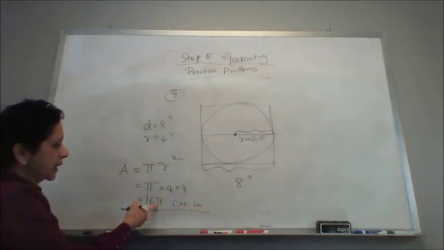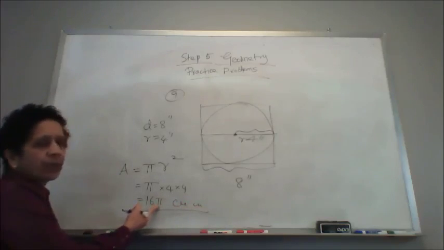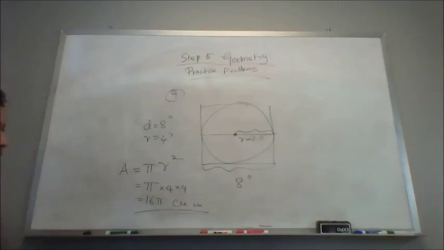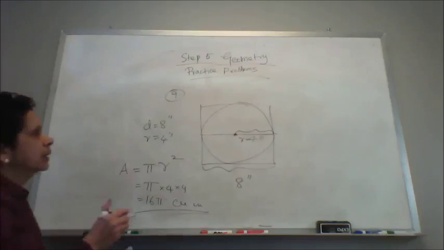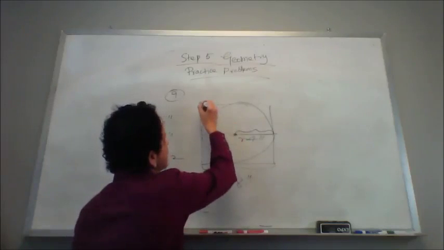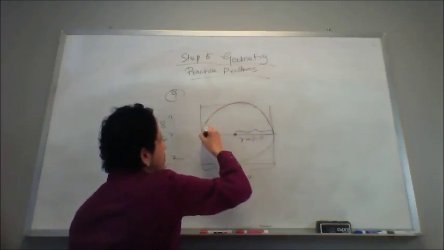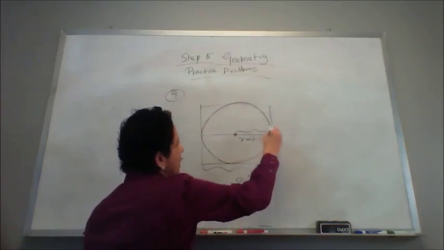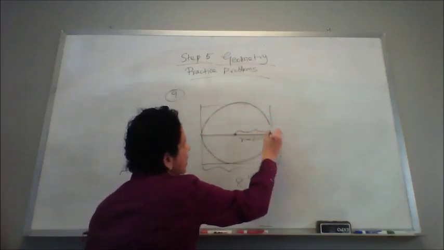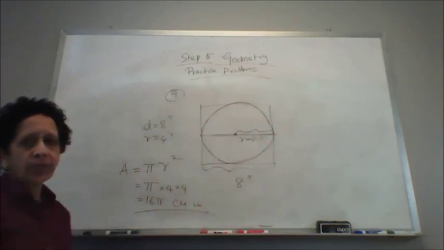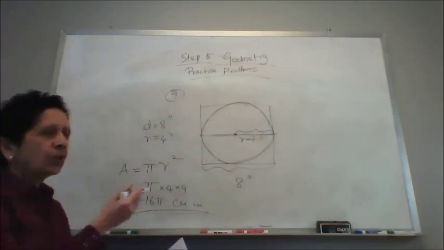If they give it in decimals, then you just need to plug in pi equals 3.14 and use the calculator to multiply, okay? What you need to understand is that when I have a square and I inscribe a circle, it'll be touching the square like that. So the diameter of the circle is exactly equal to the side of the square, right? That's what you need to know to do this problem.